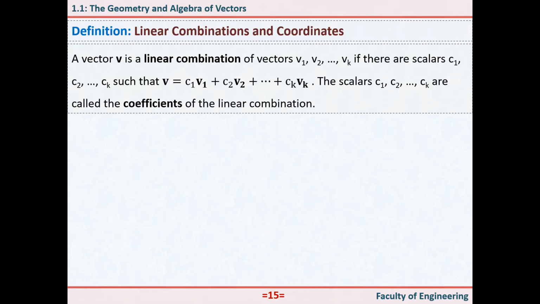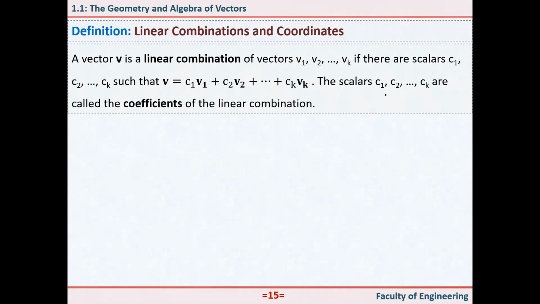So, what do we mean by a vector V is a linear combination of vectors V1, V2, Vk? It means that if there are scalars C1, C2, and Ck, such that V can be written as C1 times V1 plus C2 times V2 plus Ck times Vk, then we say that V is a linear combination of these vectors, V1, V2, and Vk.